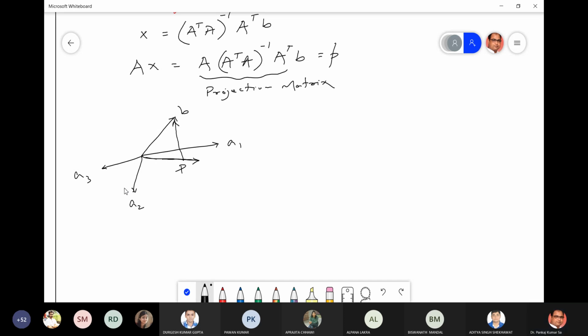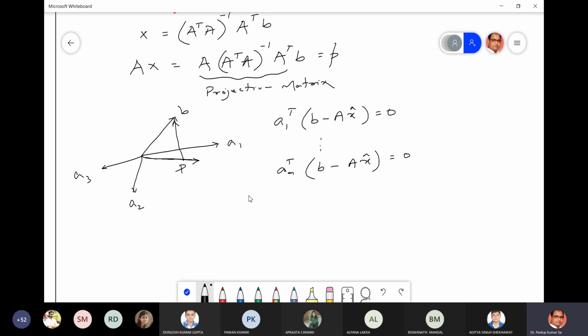Okay, so in that way, if I write A1 transpose (B minus AX cap), this is equal to 0. And similarly, AN transpose (B minus AX cap) is equal to 0.